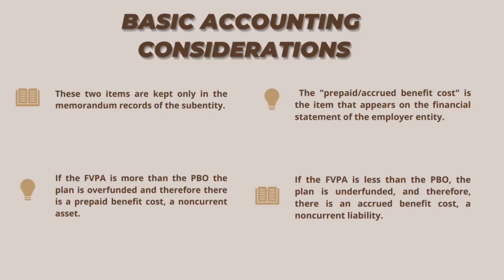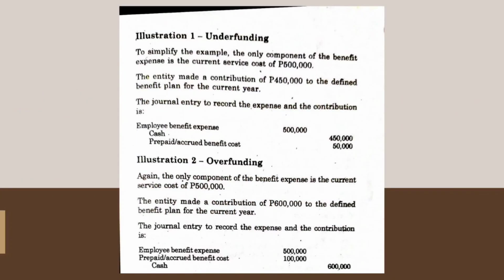As we can see in illustration 1, it is an example of underfunding. To simplify the example, the only component of the benefit expense is the current service cost of 500,000. The entity made a contribution of 450,000 to the defined benefit plan for the current year.